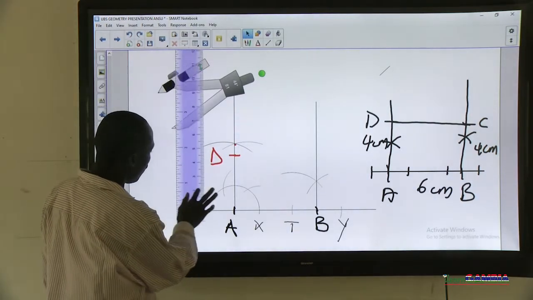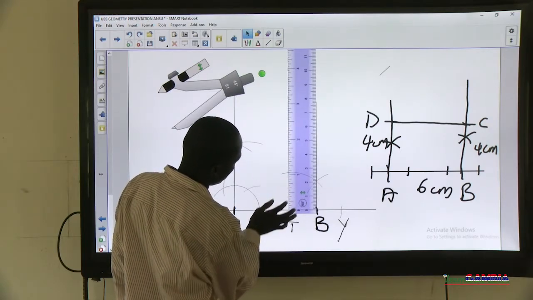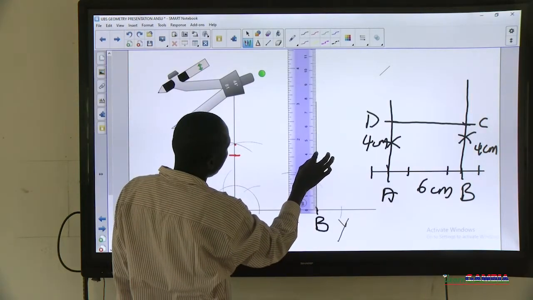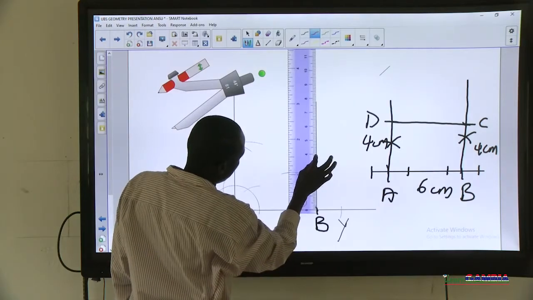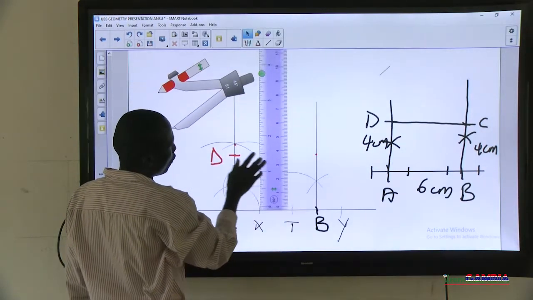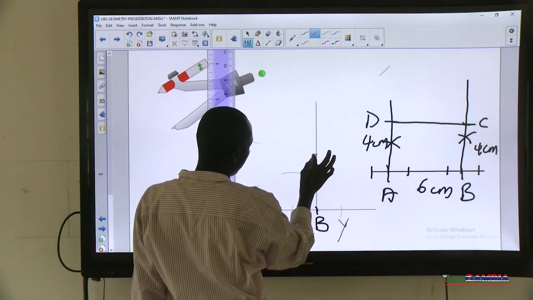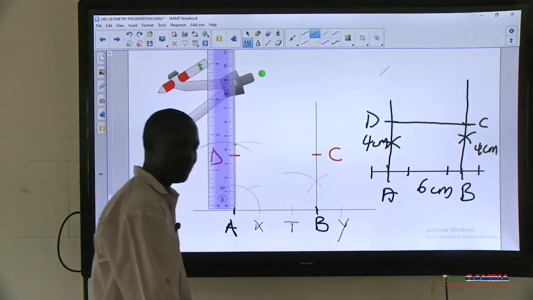So we measure 4 centimeters from point B upwards. That point there is 4 centimeters. So we mark it off. This is our point C.